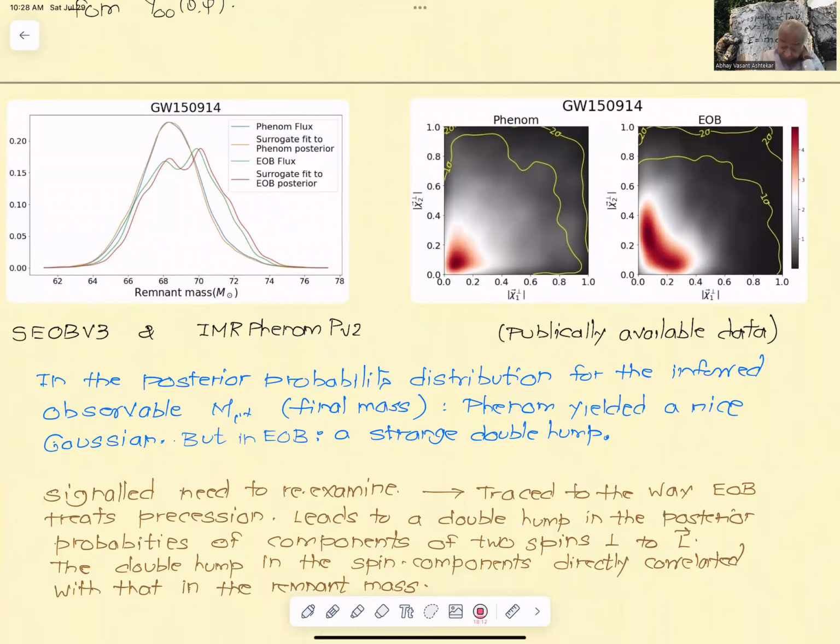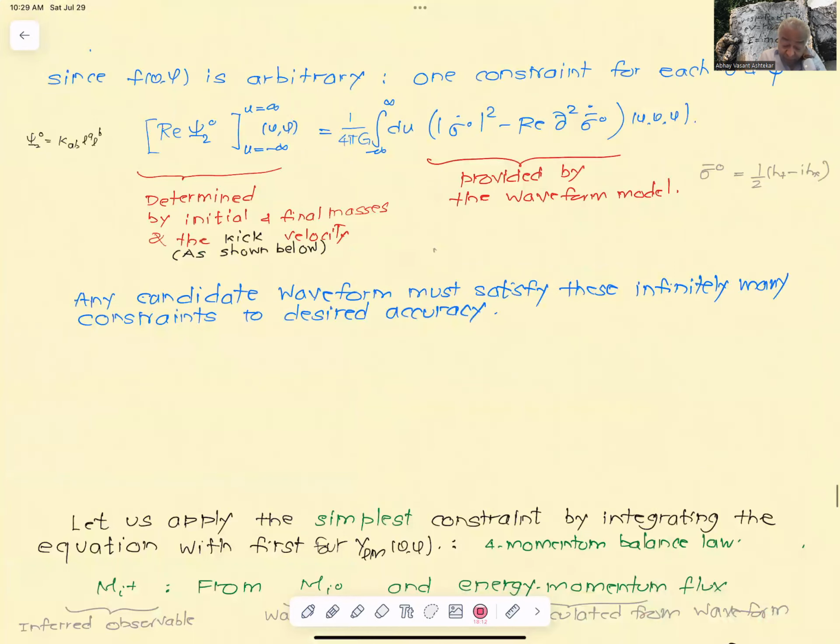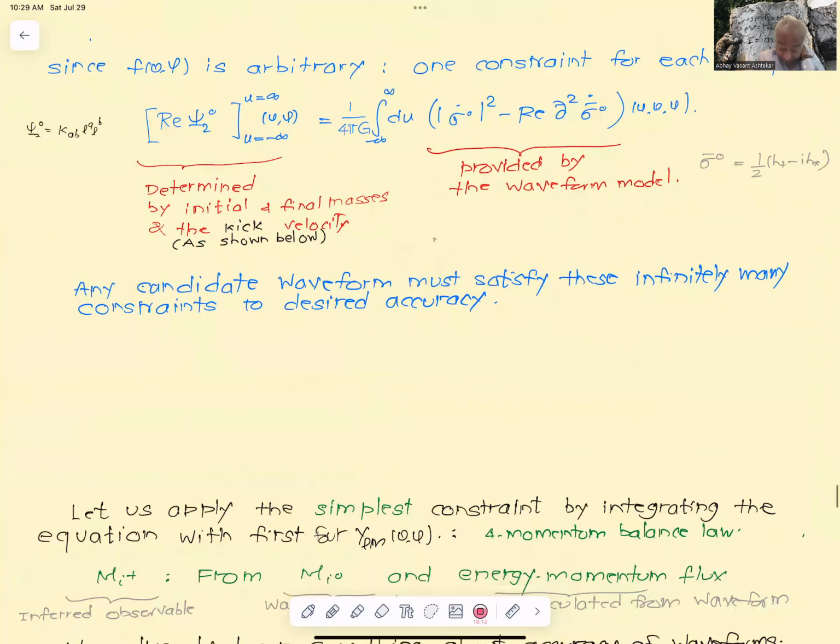And then these are the posterior probability distributions for the inferred observable, which is M plus. So the M plus, which is really what is happening at u equal to minus infinity, is an inferred observable, because given the waveform and given the input parameters of what is happening up here, I can calculate it, and therefore I can infer the observable.